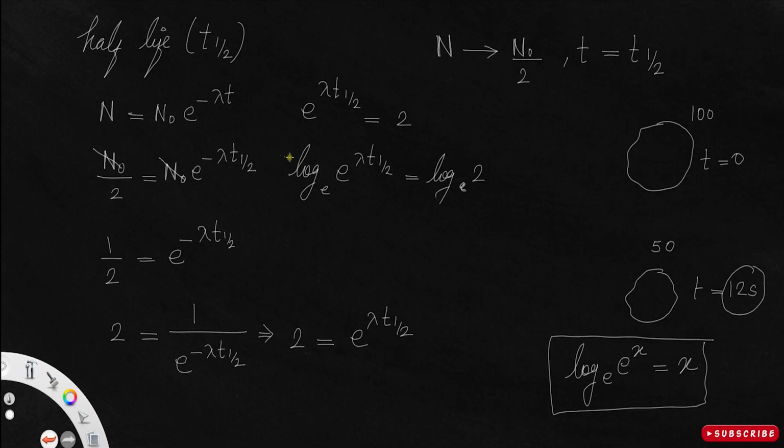So this will get removed. We usually use the log of 10, log to the base 10. So in order to convert this natural log, that is log to the base e, to log to the base 10, we have to see this will be lambda t half equal to, in order to change this to the base 10, we have to multiply with 2.303. Now the base can be changed to 10.